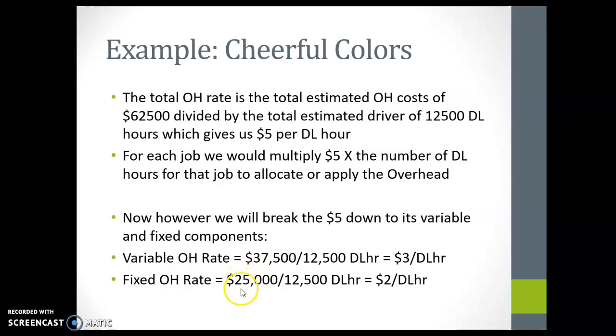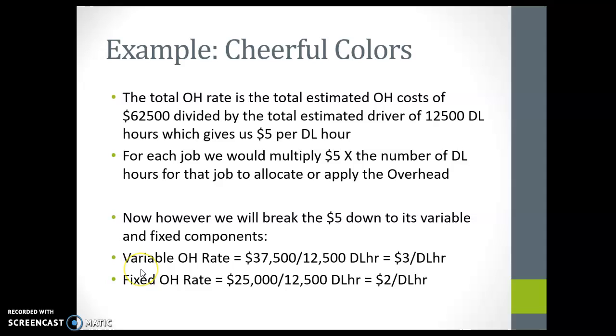And we took the total fixed costs we think we're going to have next year and divided by the total cost driver, and that gave us $2 per direct labor hour. When we get done breaking this into variable and fixed rates, I should be able to add those two together and get my normal predetermined rate.